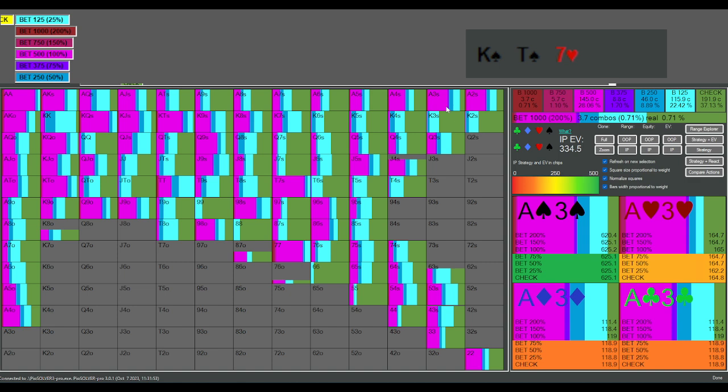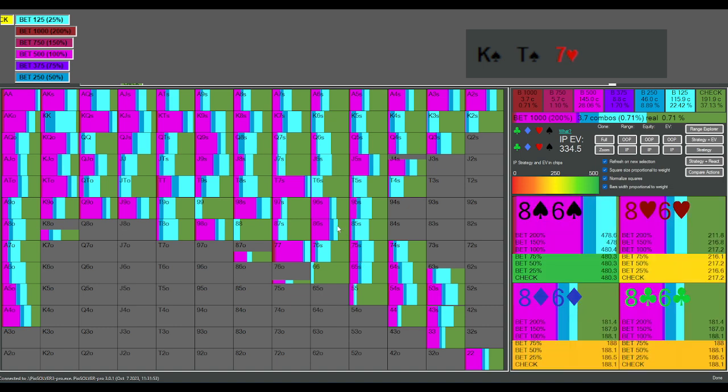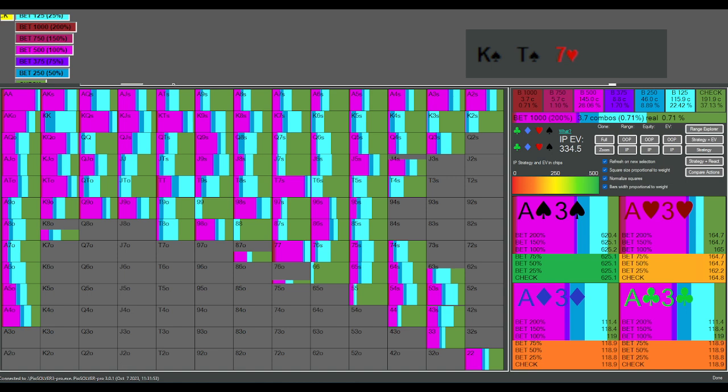A lot of players at low to mid stakes are missing a lot of flop bets with these sorts of hands, queen three, especially these low cards. So the checking range is generally going to be too weak, especially on a board like this.